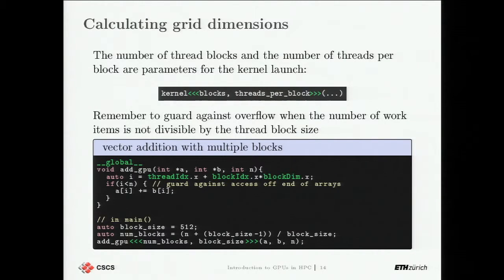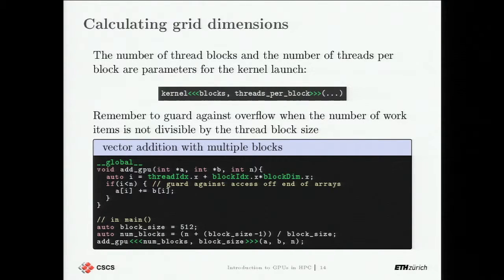And now we're going to answer that question about why you pass n as an argument when you don't really need it, because you calculate your index here. The answer is, now that we're launching multiple thread blocks, we can end up in a situation where, let's say, we want to have 700 threads, but we're using thread blocks of size 512.